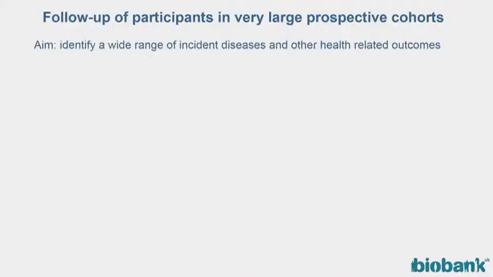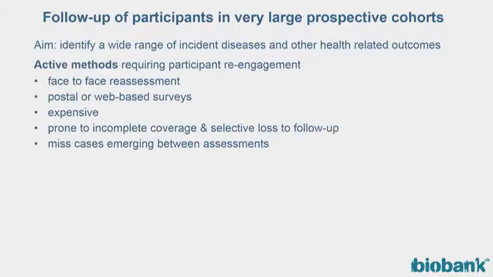So how does one follow up participants in very large prospective cohorts like this? The aim being to identify a wide range of incident diseases and other health-related outcomes. So traditionally, cohorts have tended to use active methods that require participant re-engagement. Smaller cohorts can use face-to-face reassessment for detailed face-to-face gathering of data.